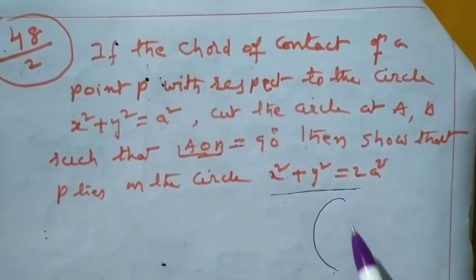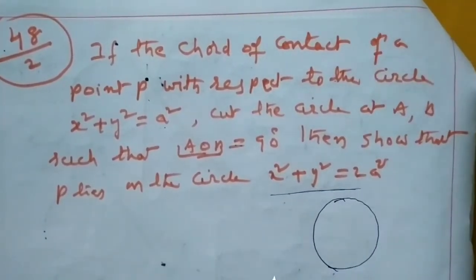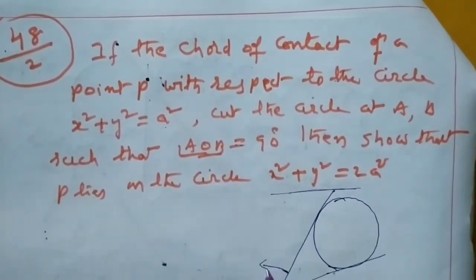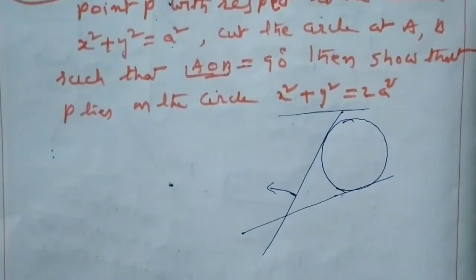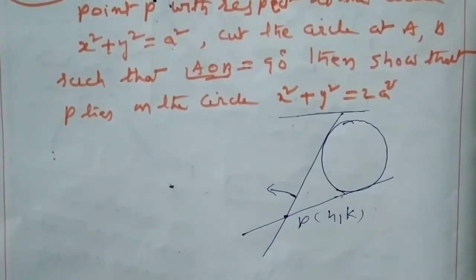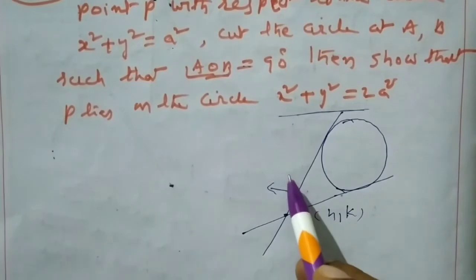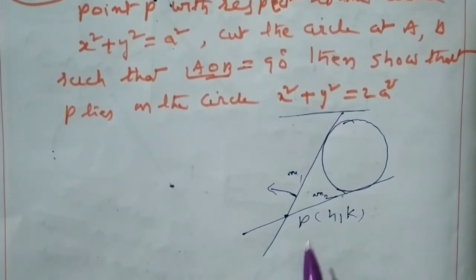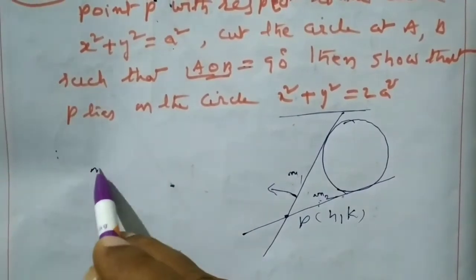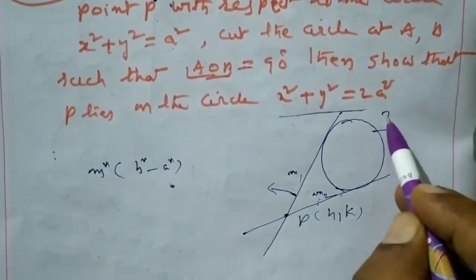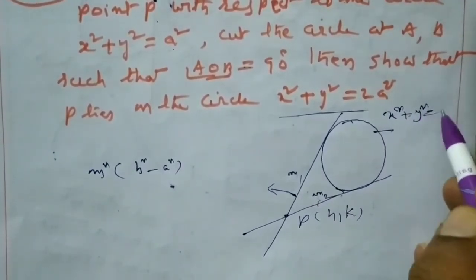What we have already: if a pair of tangents are drawn to the circle from a point P (h, k), and the slopes of the tangents are m1 and m2, then the relation between the slopes is given by the equation m square into (h square minus a square), if it is the standard circle x square plus y square is equal to a square.